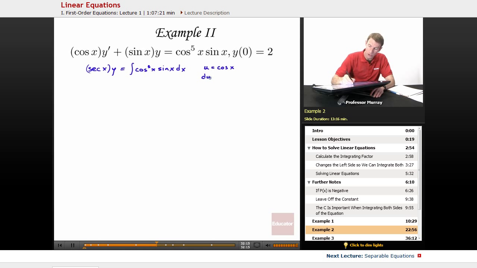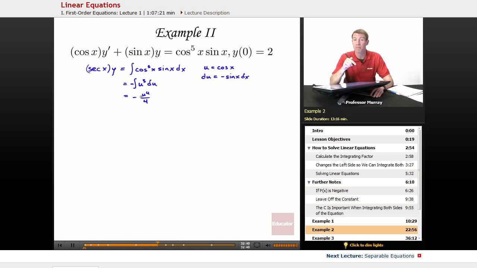And my du, you always have to find the du when you do a substitution. Du would then be negative sine x dx. And so I've got the integral of u cubed, and that sine x should be negative, so I'm going to put a negative out here. Negative du. And so that's negative u to the fourth, using the power rule, over 4.